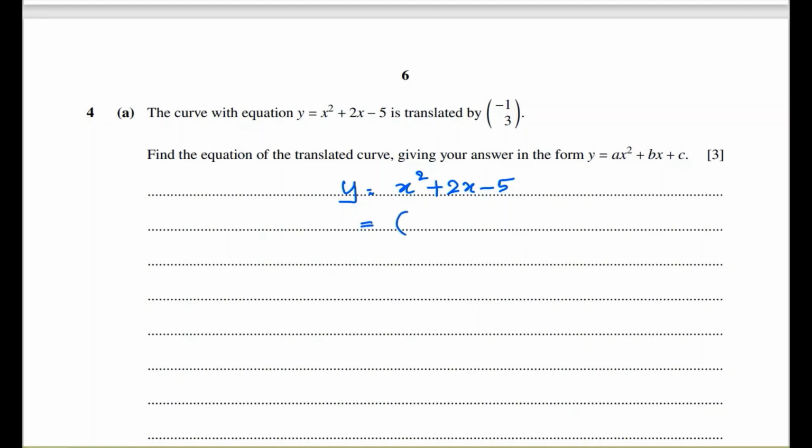So it can be written as x plus 1 the whole square plus 2x plus 1 minus 5, then along y by 3. So plus 3.